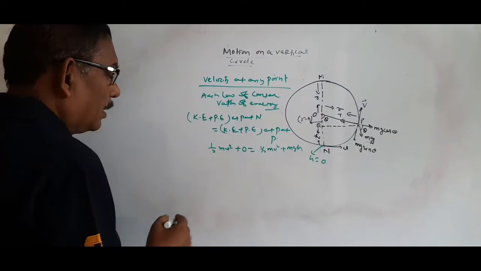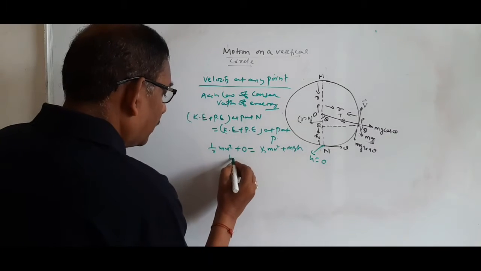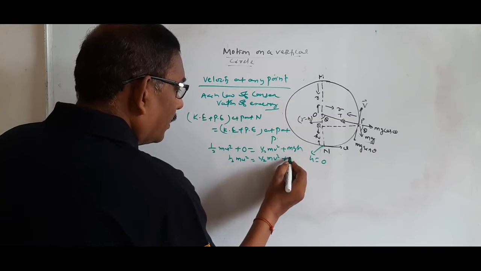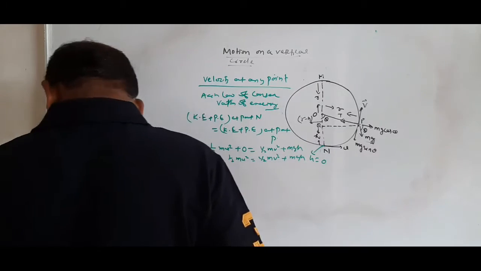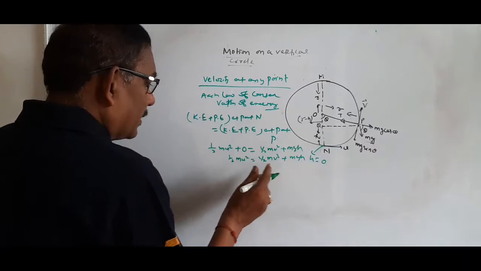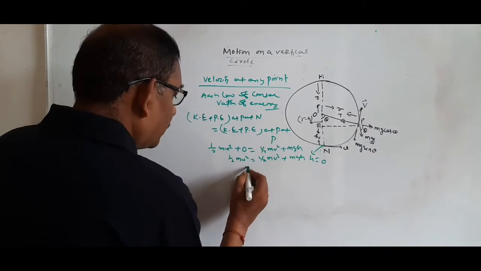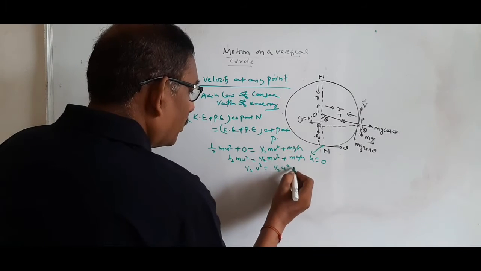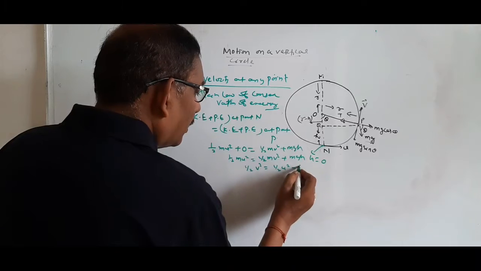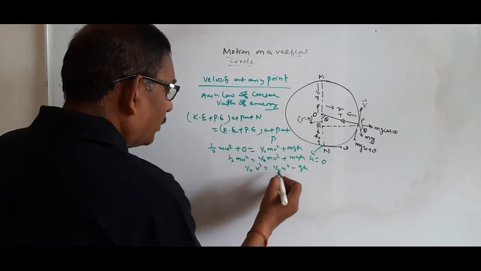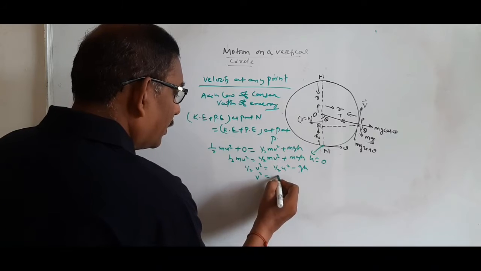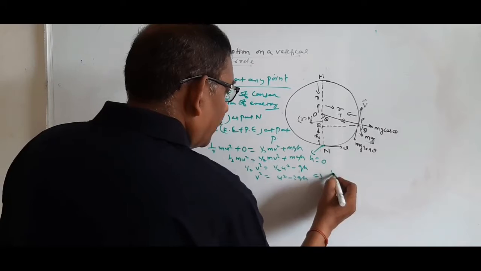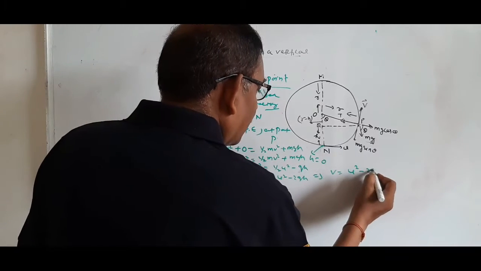Now, according to the equation, half m u square is equal to half m v square plus mgh. Cancelling the factor m on both sides, half u square equals half v square plus gh. Multiplying both sides by 2, v square equals u square minus 2gh, so v is equal to the square root of u square minus 2gh.